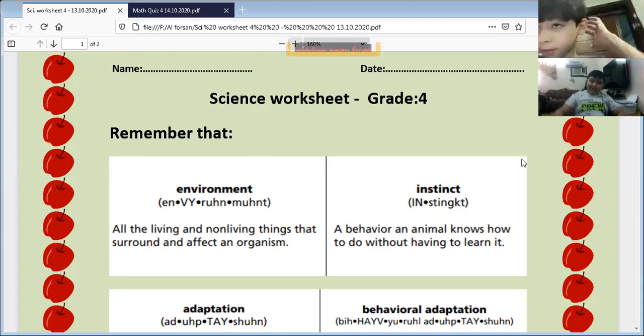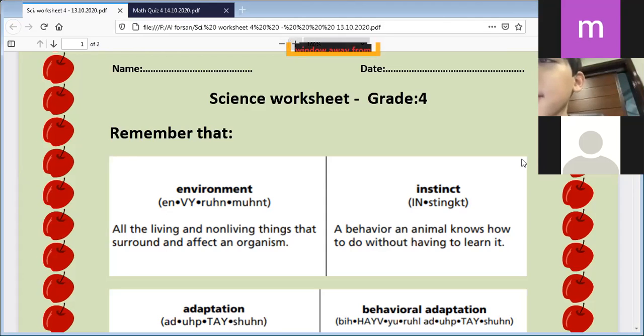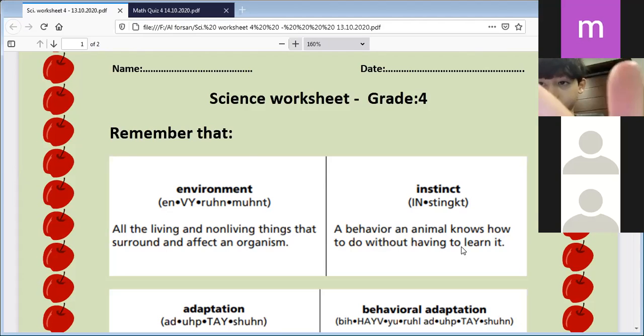Suleiman, second one, please. Instinct. Instinct is like the dinosaurs, there are animals that are extinct. Like there is a bunny the size of a bear. Perfect. So, could you please tell me what is the difference between instinct and behavior?